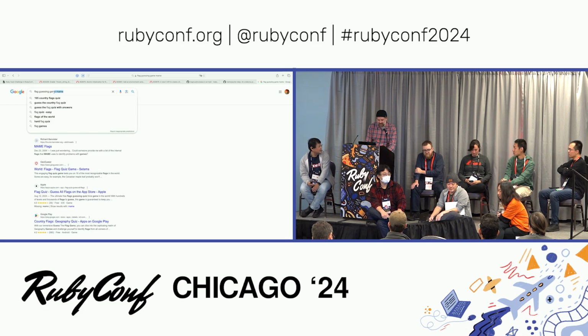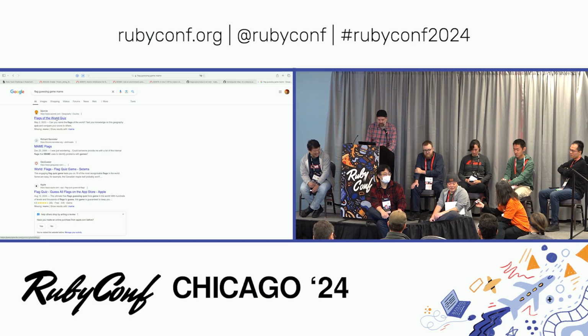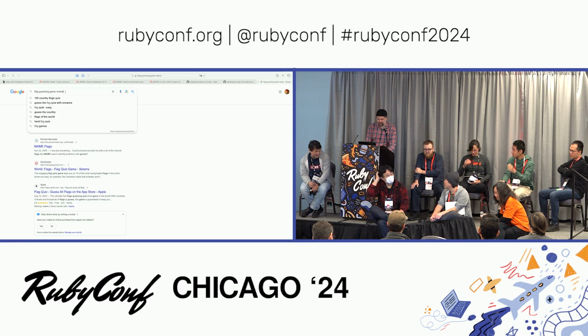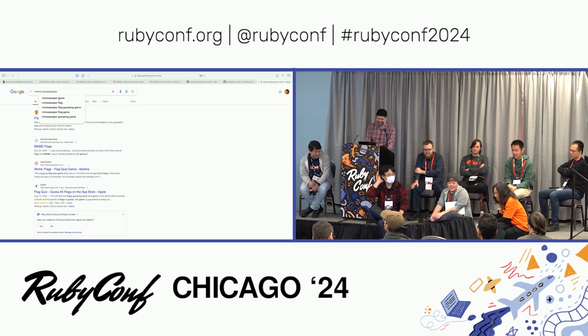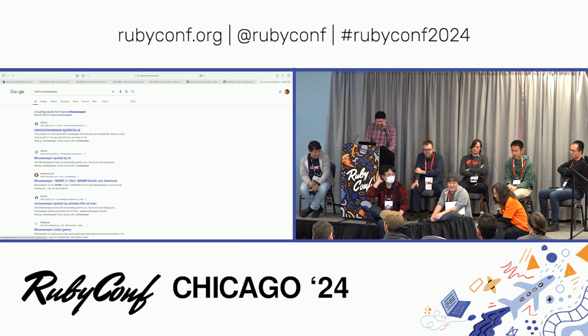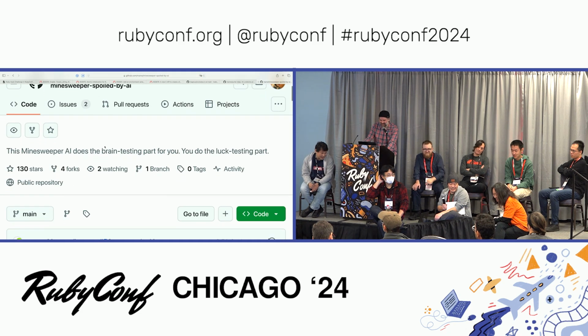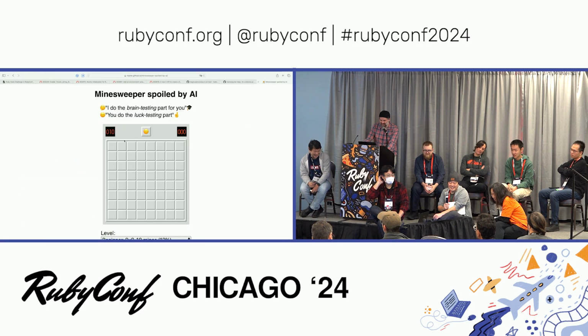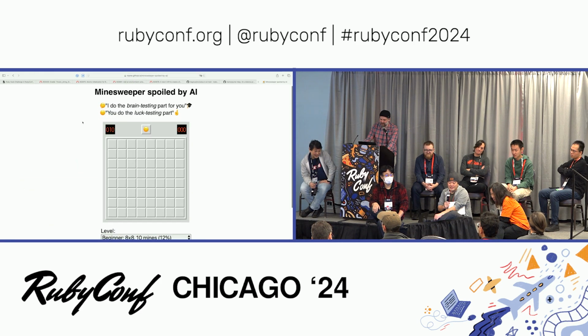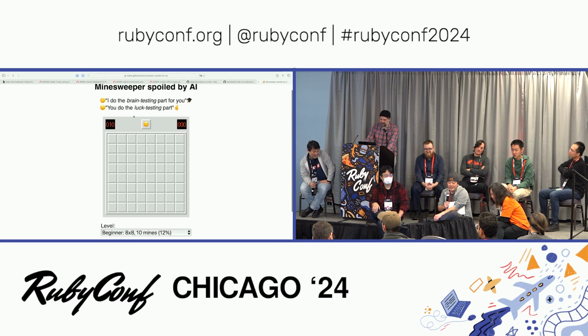Didn't you build a flag guessing game? Flag guessing game. Every 4 years. Minesweeper? I don't know where it is. Minesweeper spoiled by AI. Ah, yeah. This is a Minesweeper game, but it is automatically played by AI. So please pick any cell.